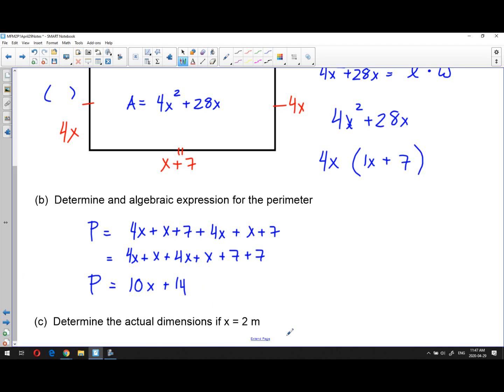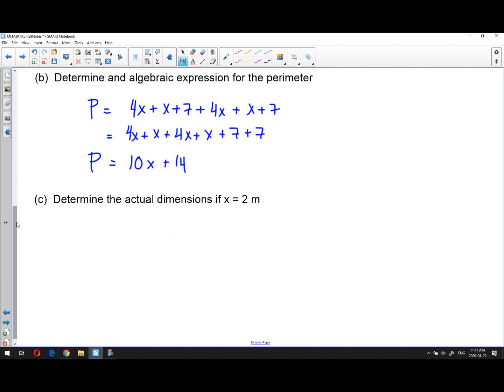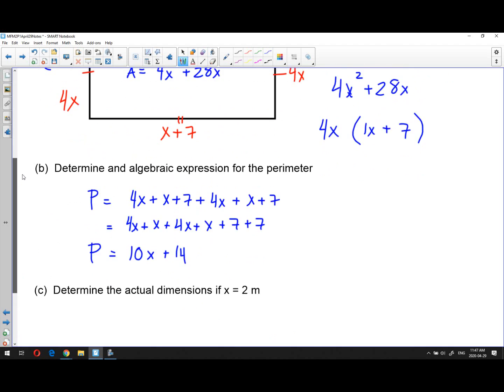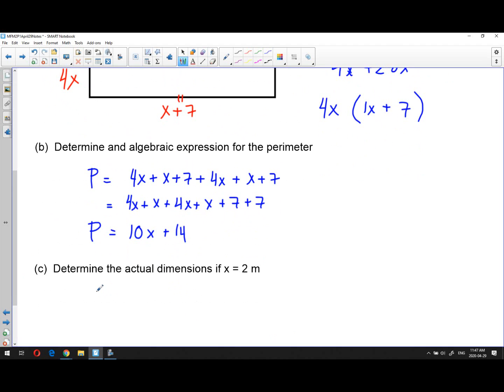The last part just asks us to figure out what the actual dimensions are if x is 2 meters. So we said that an expression for the length was 4x, and an expression for the width was x plus 7.